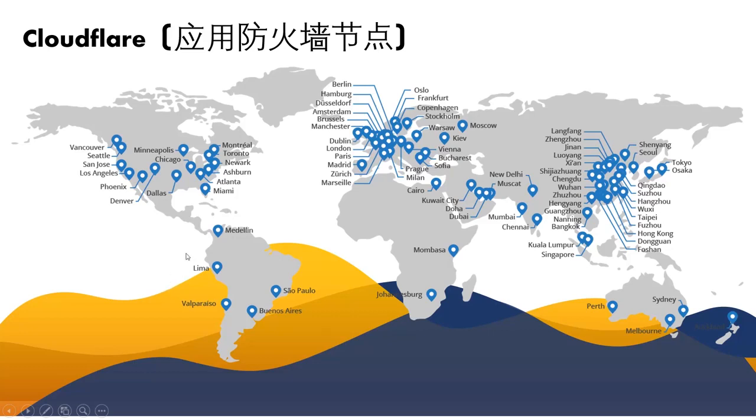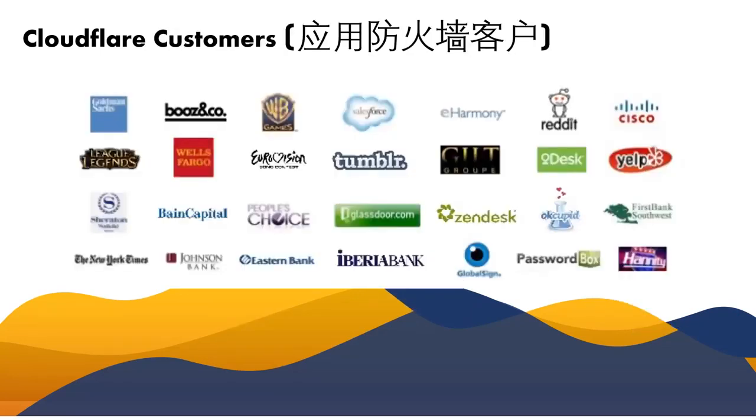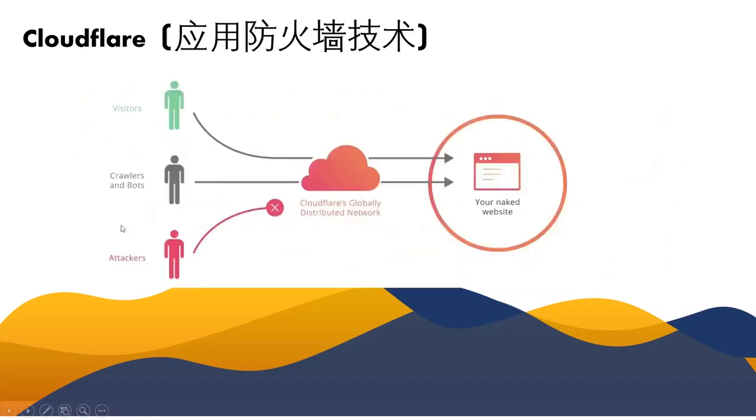We use Cloudflare as our firewall and WAF, web application firewall, and it also serves as a worker or serverless script that we wrote to help enable the wallets to access the public node. These are some of the customers that are on Cloudflare. The most prominent one, of course, is League of Legends. The game is actually on Cloudflare as well.